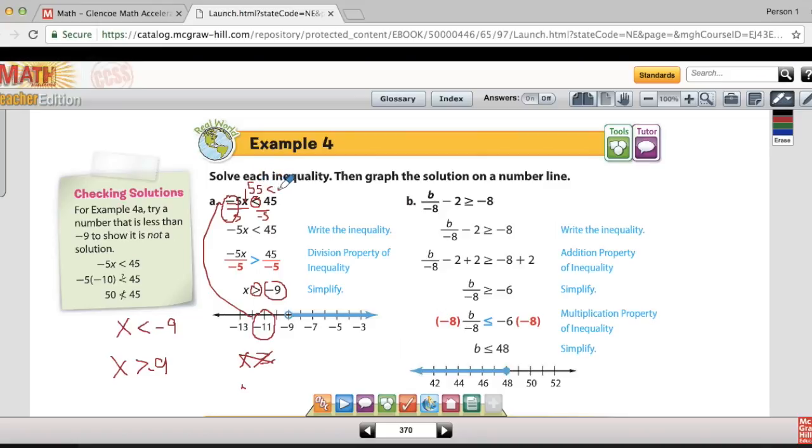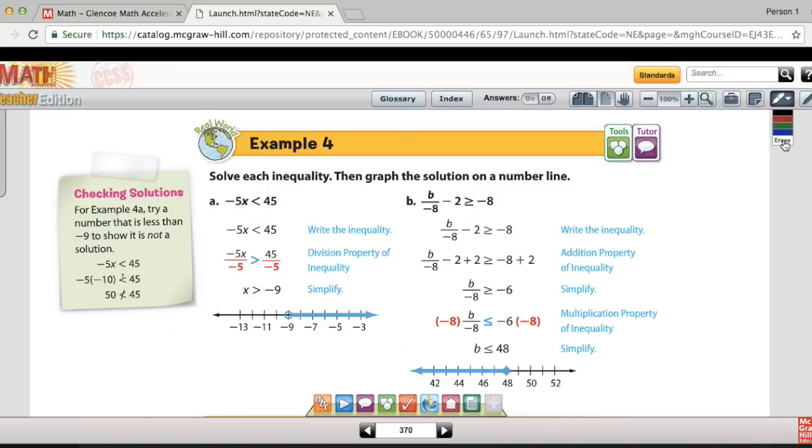And 55 is not less than 45. Let's pick a number that's greater than. That's our answer, x is greater than negative 9. Let's pick negative 5. Negative 5 put in for x here is negative 5 times negative 5, which is 25. And 25 is less than 45.